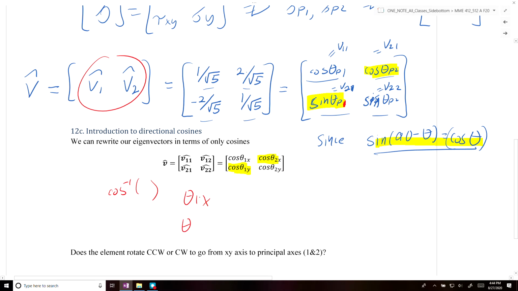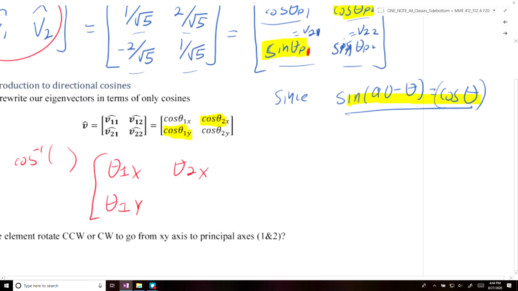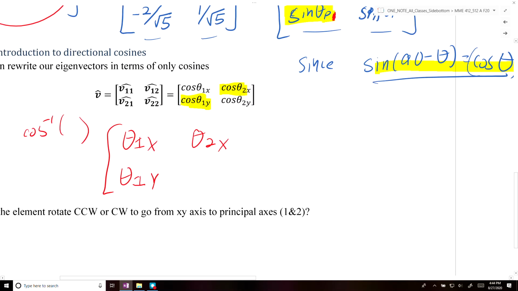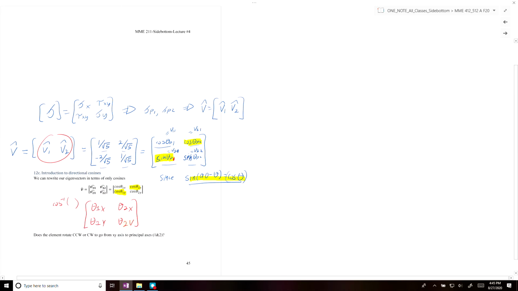Our first principal axis we'll denote as axis 1, and we find the angle between axis 1 and the x-axis, axis 1 and the y-axis, and theta for principal axis 2 with x and with y.